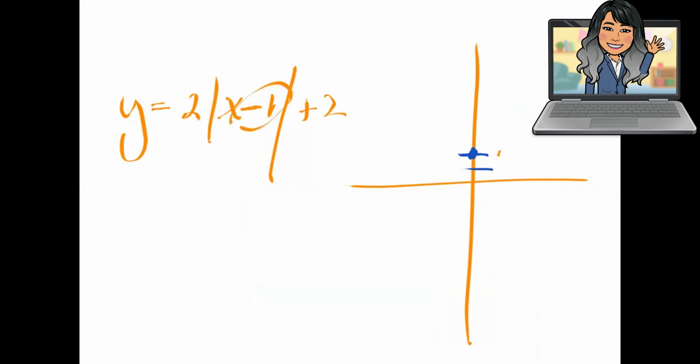So I go right 1, and that's gonna be my main point. But I need a slope of compression of 2, so that means I have to go up 2, 1, 2, right 1, and then left 1. So it's gonna look like this. Does that make sense?